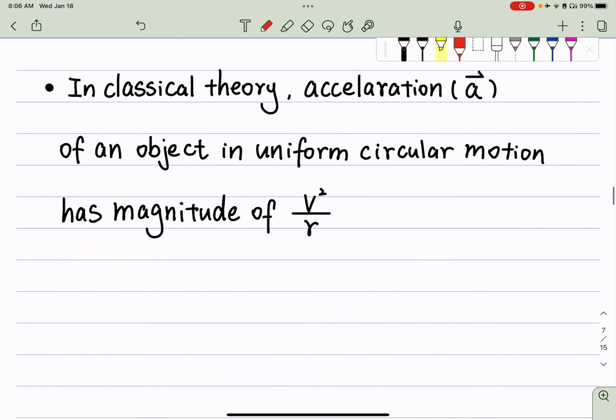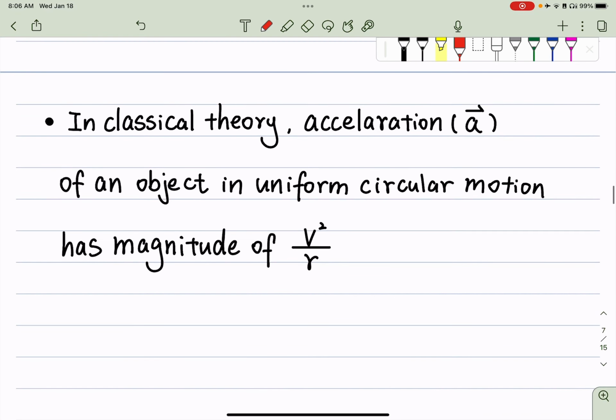A little bit more information from classical theory: we know the acceleration of an object in uniform circular motion, which is how the electron is circulating the proton, has the magnitude of v squared over r. So, using the absolute value, since we're not talking about direction here, a equals v squared over r.